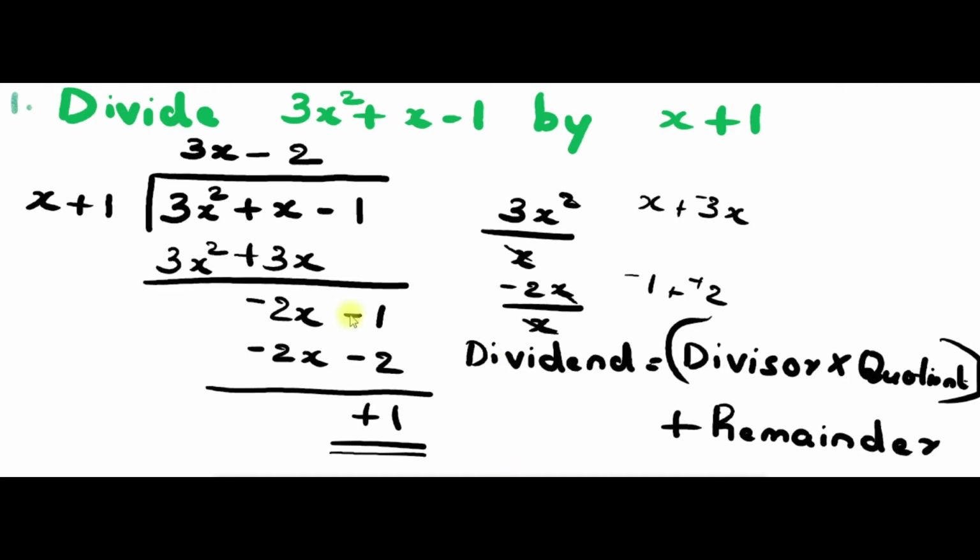So your dividend is 3x square plus x minus 1, which is equal to your divisor x plus 1, multiplied by your quotient 3x minus 2, and plus 1 is your remainder.